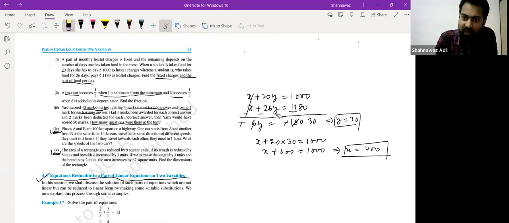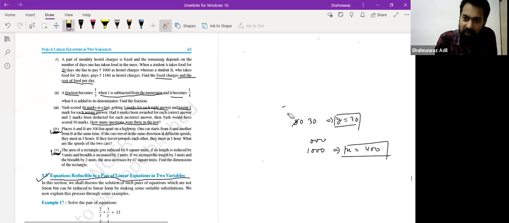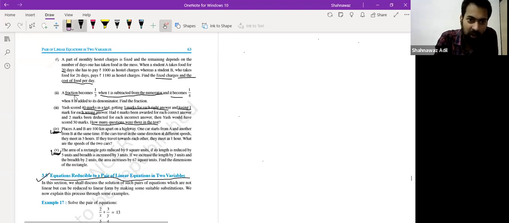Help me with this problem. Okay, so, right, a fraction becomes 1/3 when 1 is subtracted from numerator and becomes 1/4 when 8 is added to its denominator. Find the fraction.